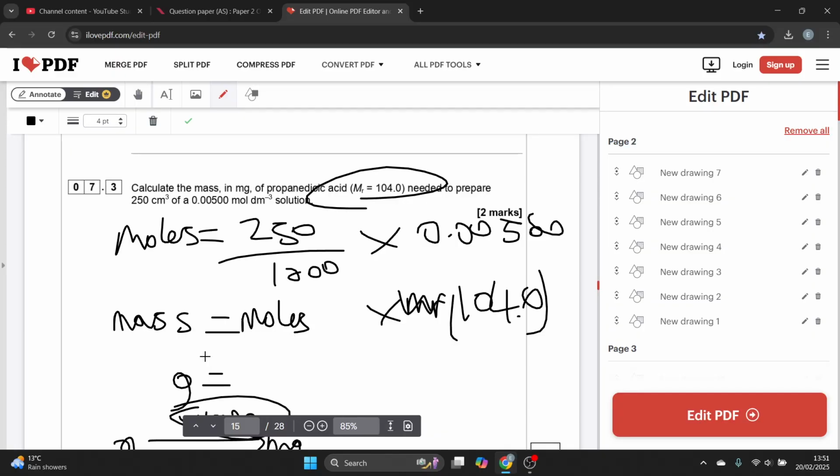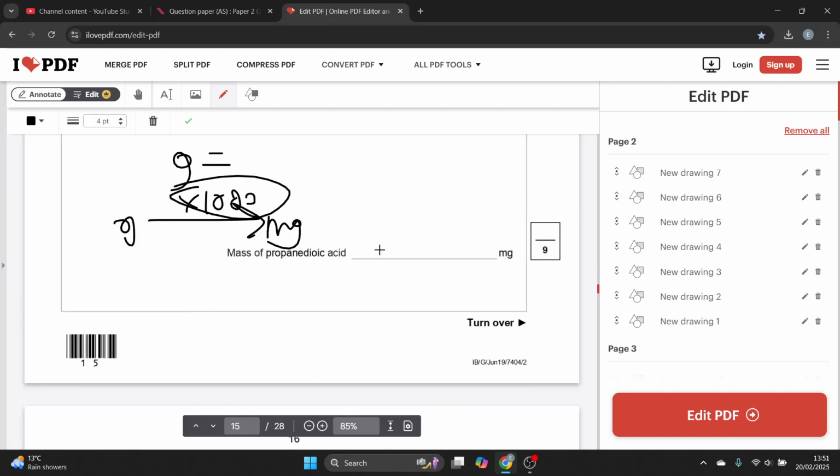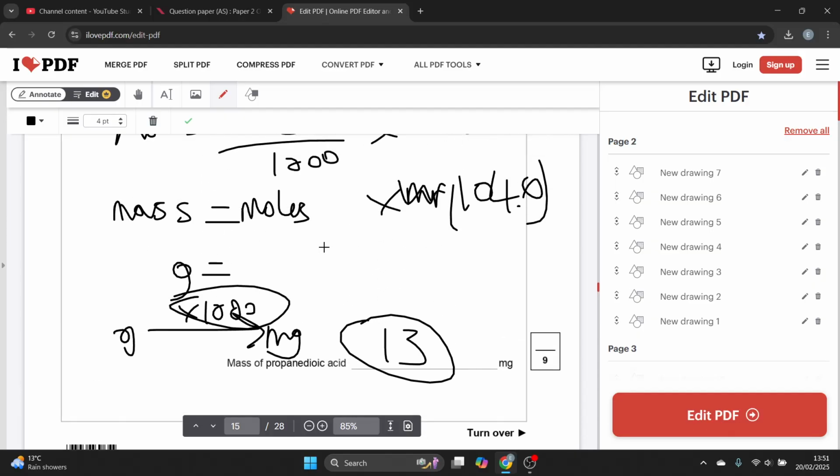So find the moles first: 250 divided by 1000, times 0.00500, then times 104.0, and then times my answer by 1000. And I get 13 milligrams. No, I don't.